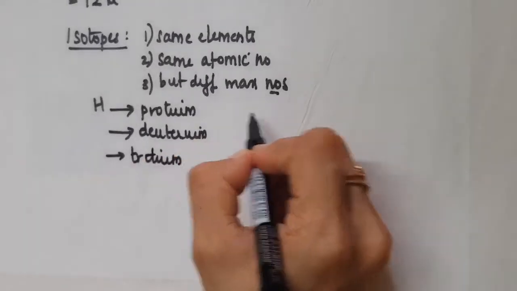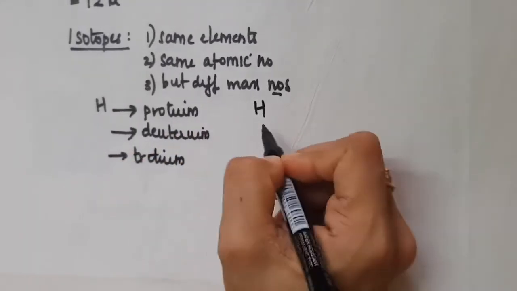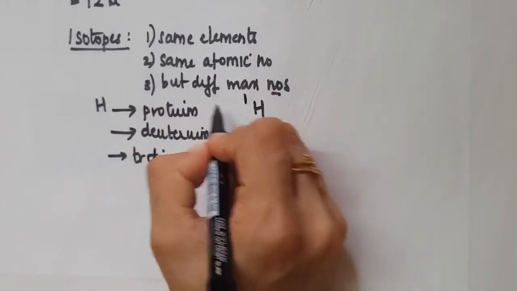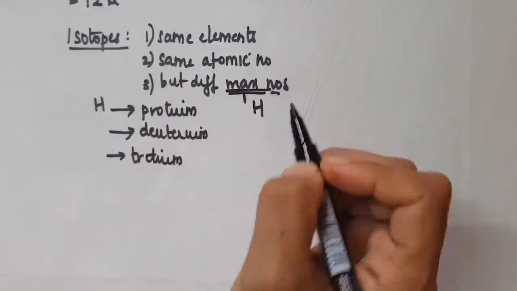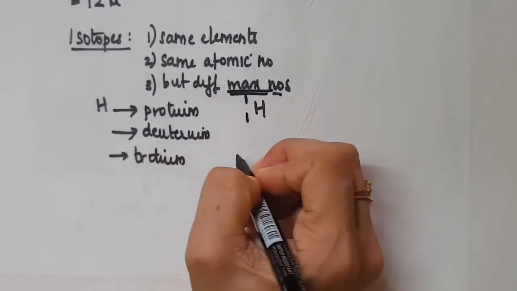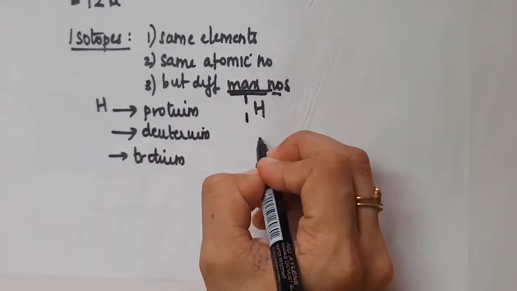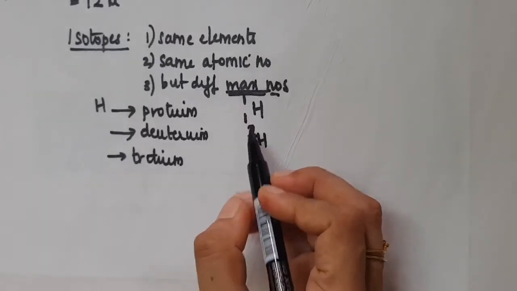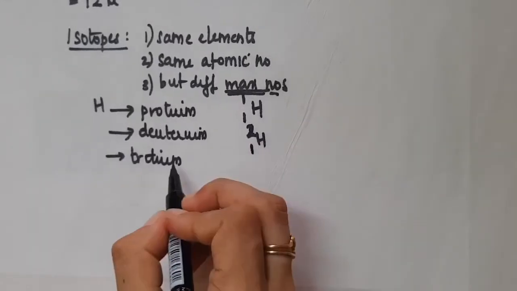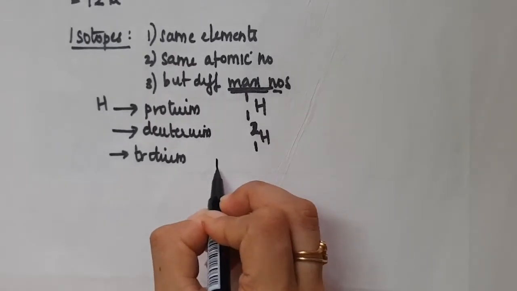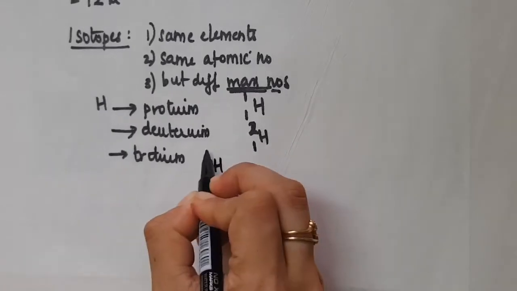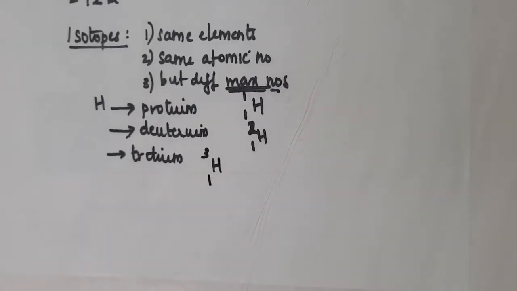okay. So here protium can be written as H, they have the same atomic number, so that is 1. For protium, the mass number is 1. So deuterium, it is H, the atomic number is same 1, the mass number differs, that is 2. And for tritium, it is H, the atomic number is same, the mass number is 3, okay.